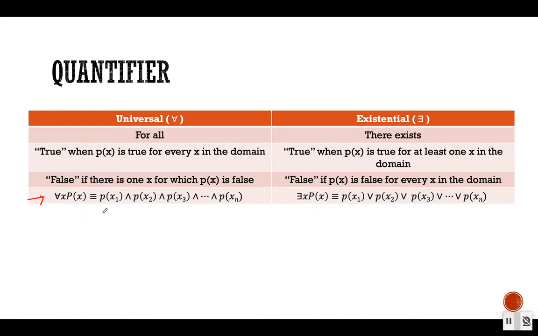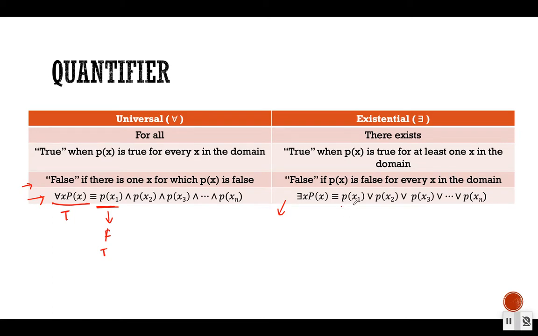Now if we calculate P of x1 and P of x2 and P of x3, including all values in our domain, if there is one value which returns false, the whole statement will become false. But if all of the predicate values are true, this statement will become true.